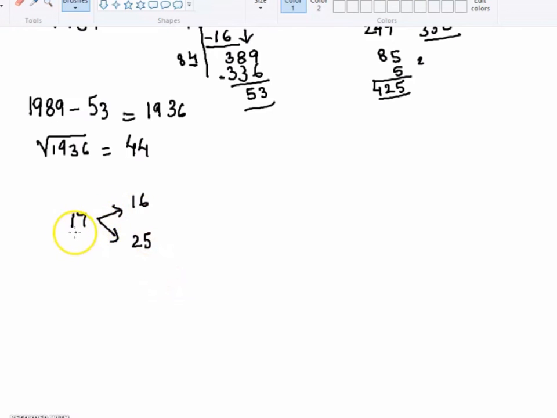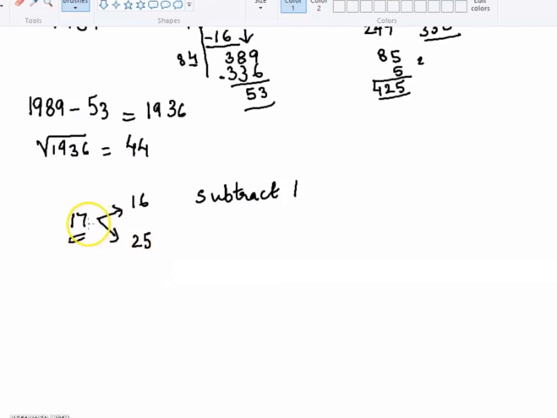So these are the two perfect square numbers between which 17 is lying. So if you need to subtract something from 17 to make it a perfect square, then I can say subtract 1 to make it a perfect square, you will get 16. If you have to add something to make it a perfect square, then you have to go to the next bigger square. Now the next bigger square is 25.